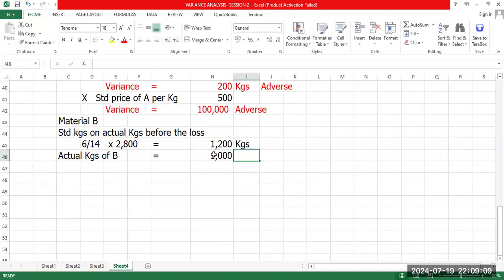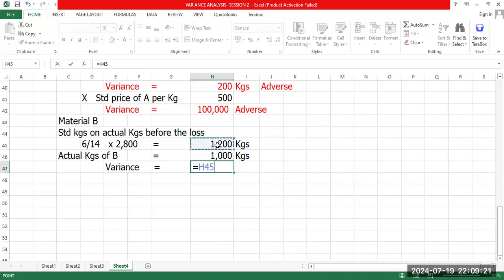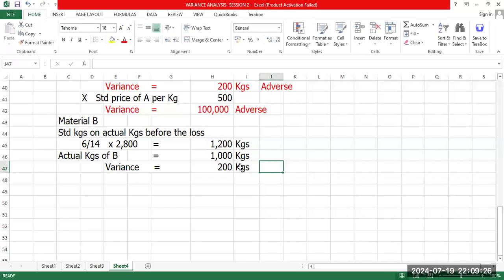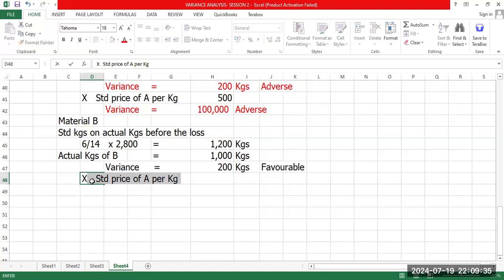Is the variance favorable or adverse? Favorable. But we don't report in terms of kgs, so we multiply by the standard price of material B per kg.